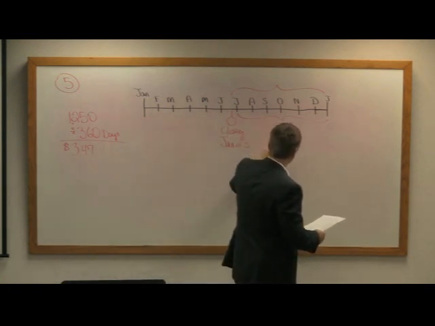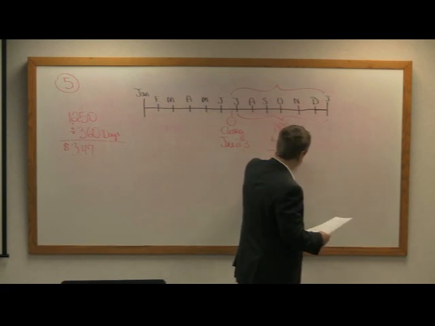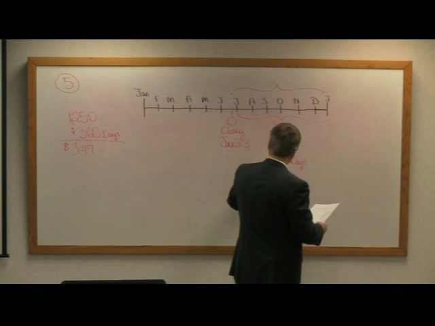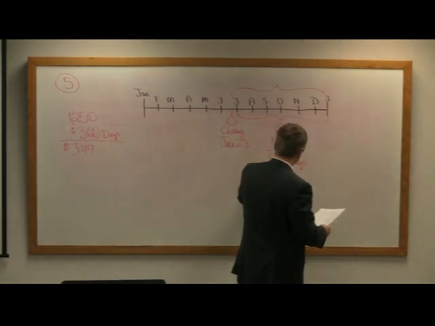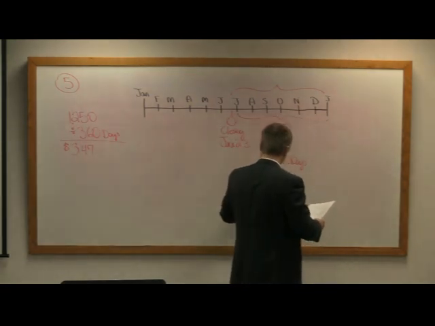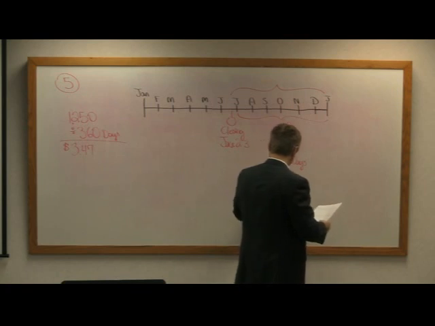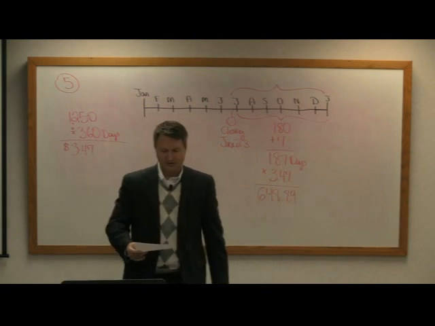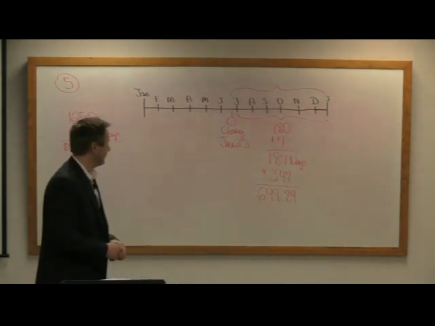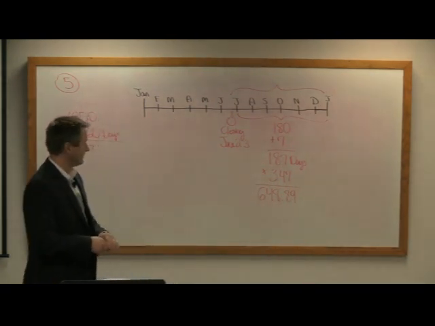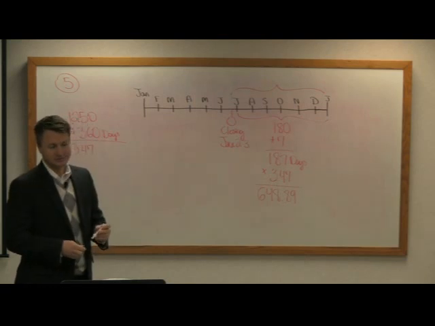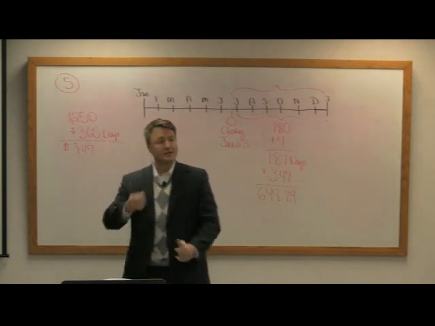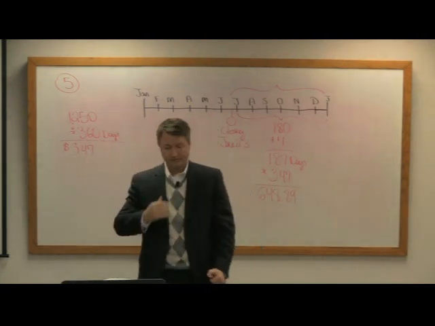So I have 187 days. And I take that times $3.47 per day. $648.89. And that's going to be a credit to who? Seller. Credit to the seller, debit to the buyer.